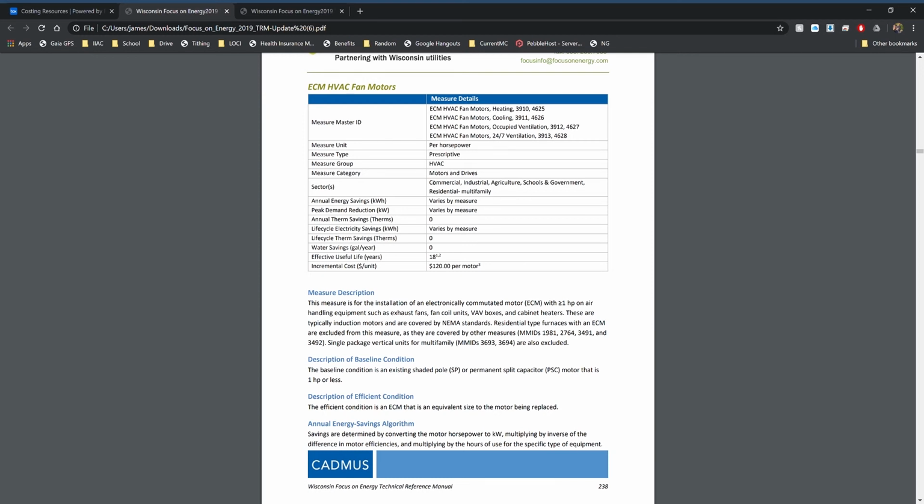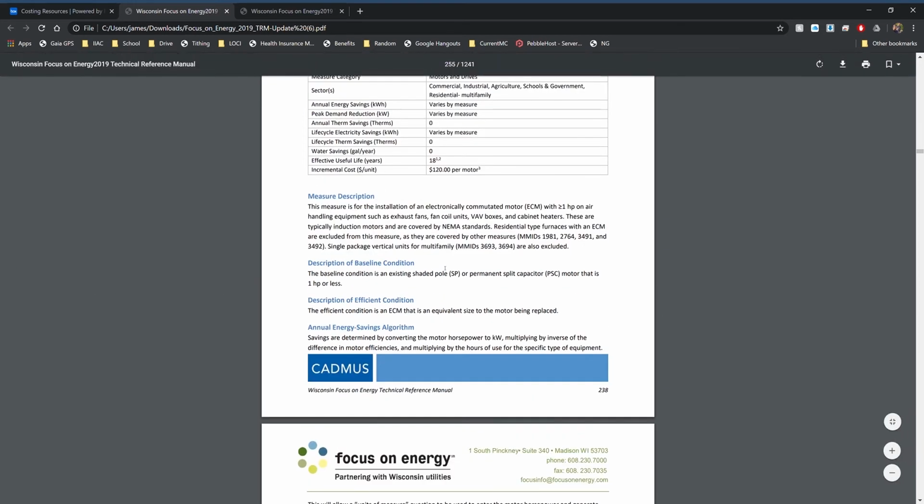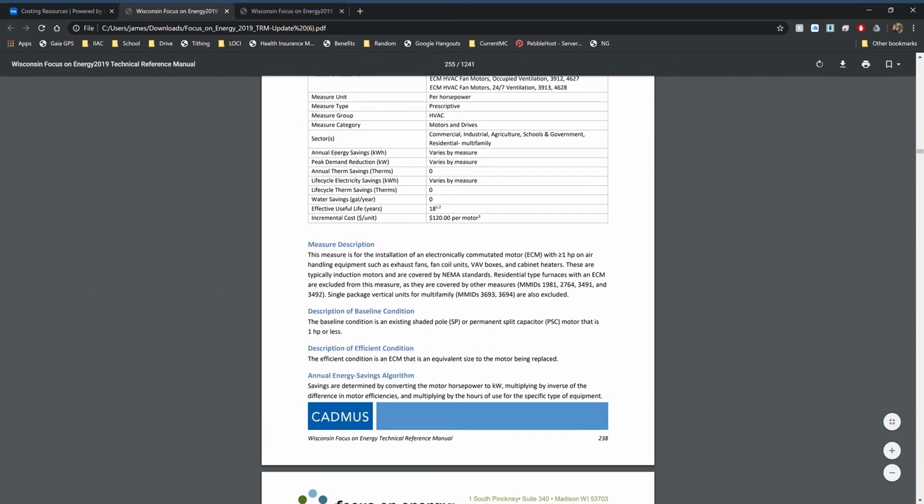So some of these will vary based on what sector you're in, and there's some good info on a per sector basis for each AR. Then the rest of this stuff, annual energy savings, peak demand reduction, etc. These are all pretty self-explanatory, and we'll talk more about them once you get down there.